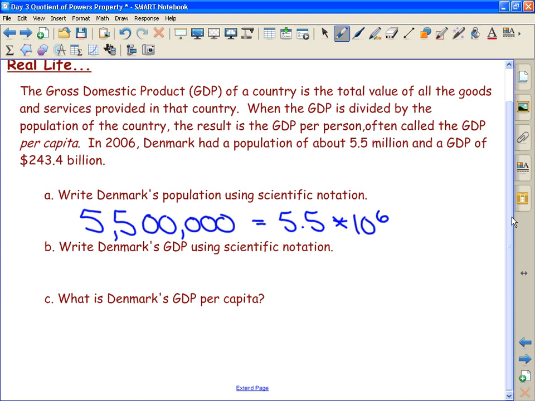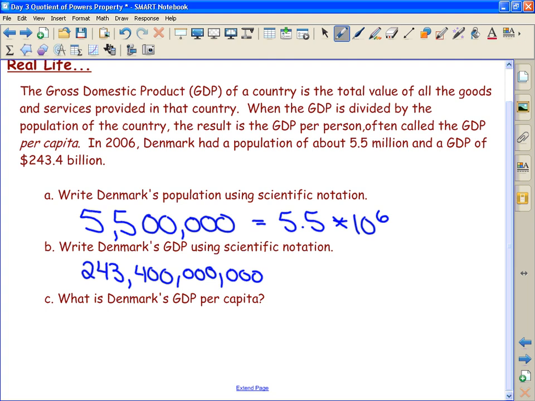Okay? Then I have to do the same thing with Denmark's GDP. They told me that it was $243.4 billion. So I know that 243 is in the billions place, so I'm going to start adding zeros. Now I have 243,000. Now I have 243 million.